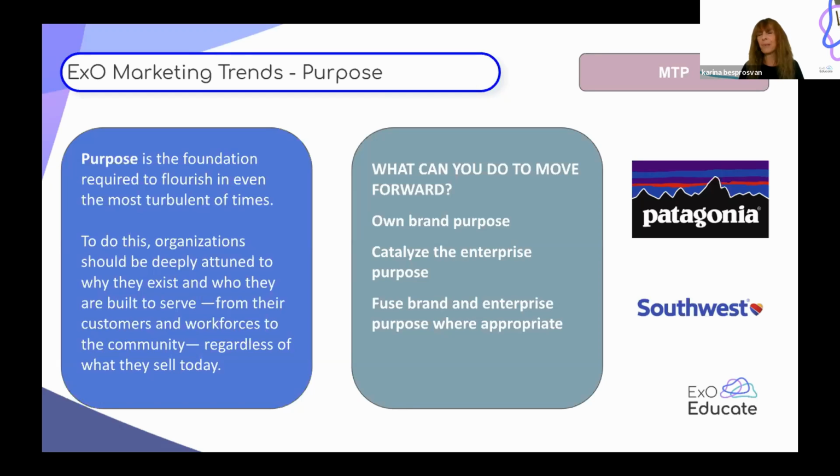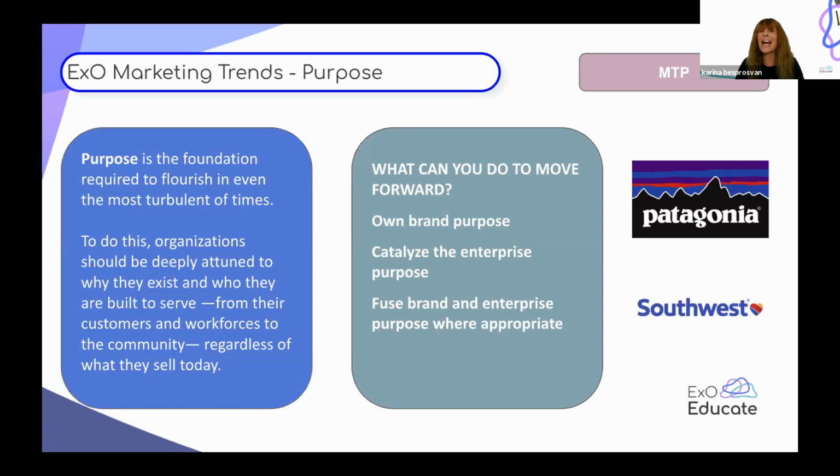Just to have an example, and Gabriel and I like these two examples very much. I have been working with Patagonia for a long time, and their MTP, look at that, is: Patagonia is in business to save the home planet. This is very visionary. They are not talking about the products that they sell or what they do, but what they want to achieve.